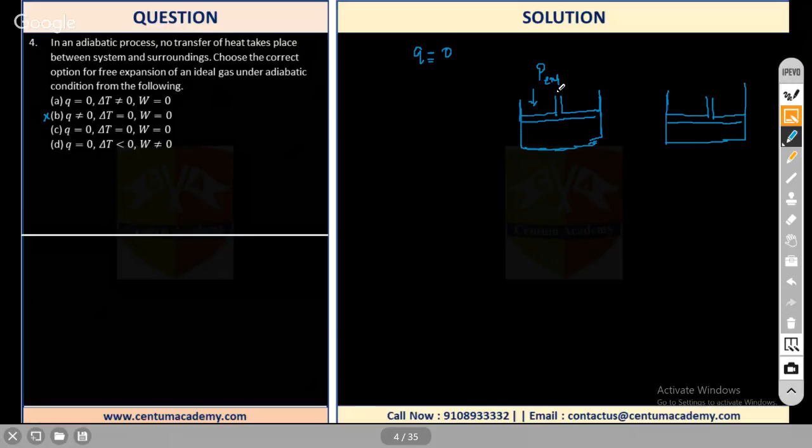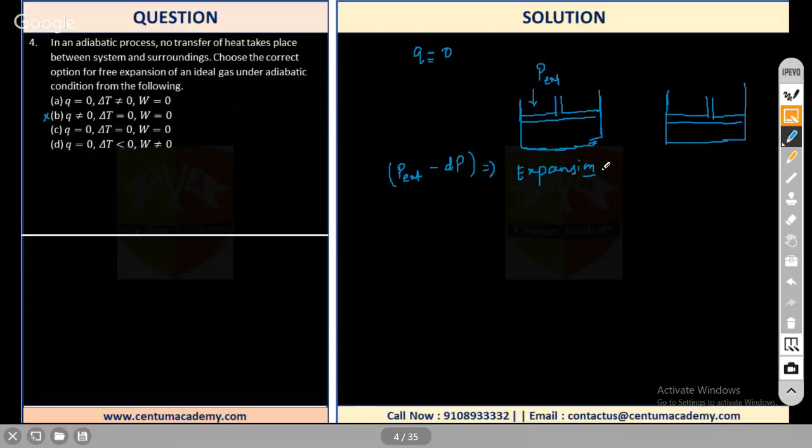And once you decrease the external pressure, the expansion takes place, right? So when the P external decreases by some value, this value can be anything, then what happens? Expansion takes place.